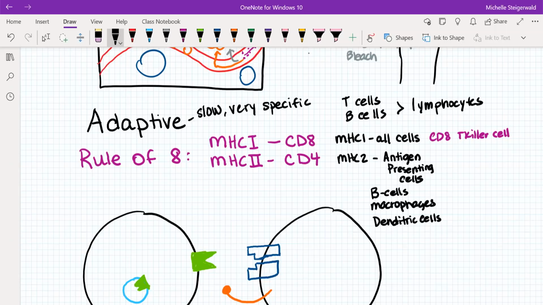Because these are not just checking for infections inside, these are professional cells just doing their job, trying to find pieces and then showing them around to everyone else. You don't want to kill them. You don't kill the messenger. You want to actually help them in their job. So these are going to work with the CD4s, which are T helper cells.